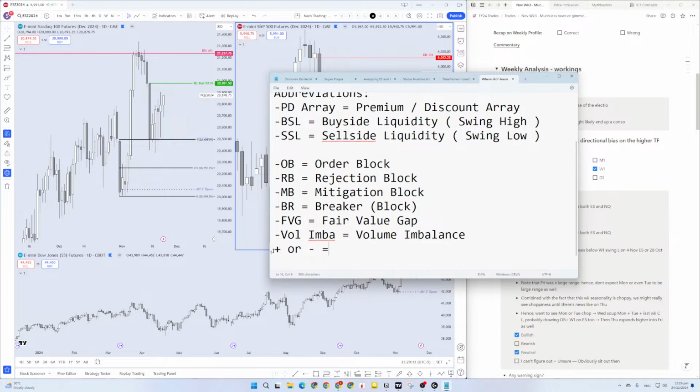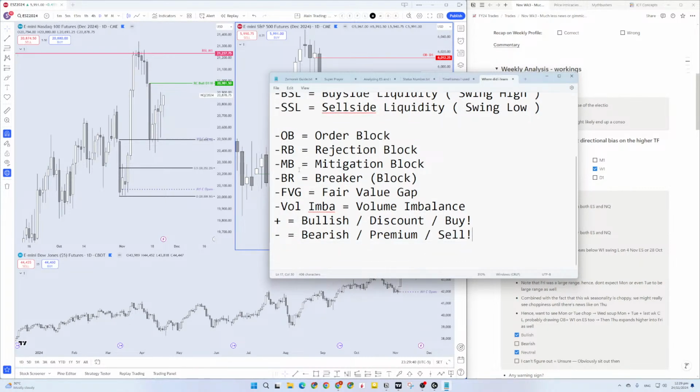If it's a plus, it means that it's a discount array. When you think of plus, you're thinking of buying something, adding something, right? So plus equals bullish, discount, buy. Minus equals bearish, expensive, hence premium, sell.